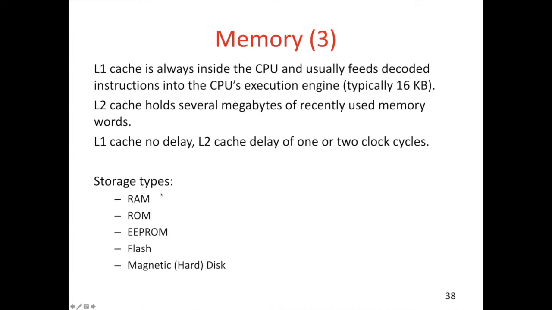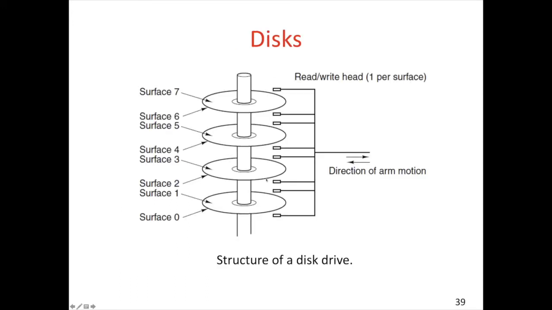The storage types, while RAM, ROM, EEPROM are types of main memory, flash memory and magnetic hard disk are the types of the secondary memory. In this figure, structure of a disk drive is given.